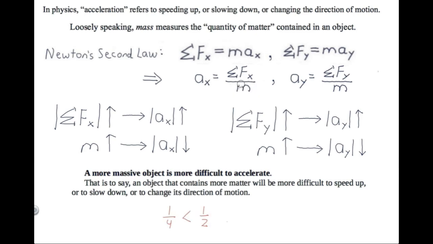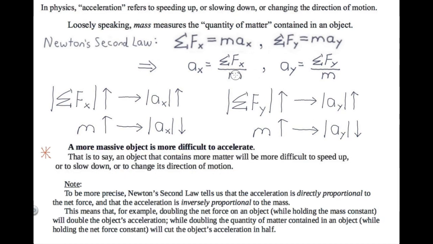Increasing the denominator of a fraction makes the fraction as a whole smaller. 4 is a bigger number than 2, but 1/4 is a smaller number than 1/2. So again, this version of Newton's second law shows that increasing the object's mass will decrease the magnitude of the object's acceleration. This means that a more massive object is more difficult to accelerate.